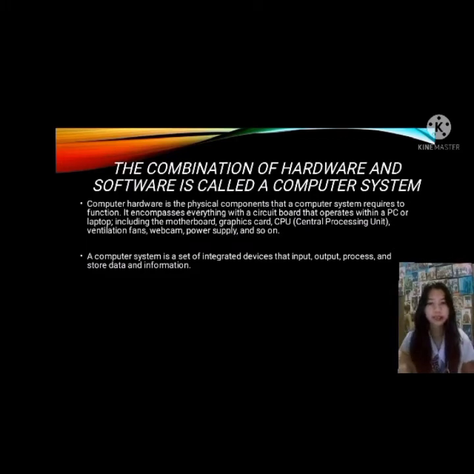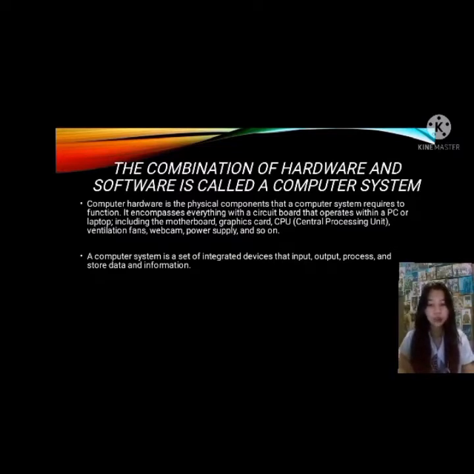So next, the combination of hardware and software is called a computer system. Computer hardware is the physical components that a computer system requires to function. It encompasses everything with a circuit board that operates with a PC or laptop.